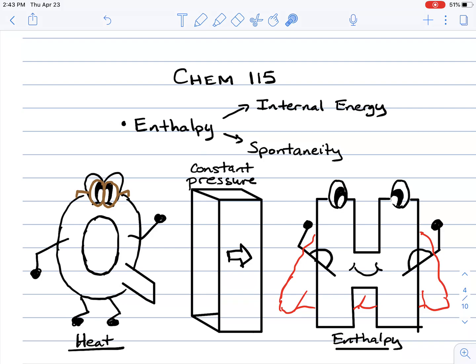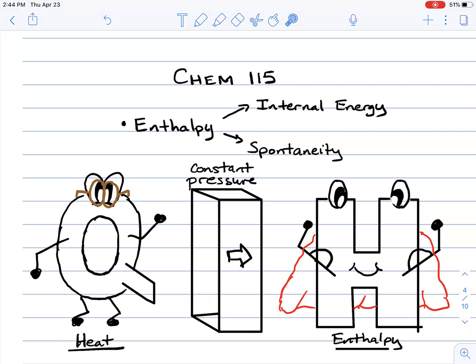And so I thought it would be appropriate to draw this cartoon of Q transforming into H. If you guys recall, Q is this notation that's used to represent heat in a calorimetry experiment.